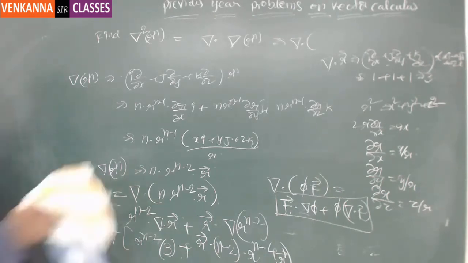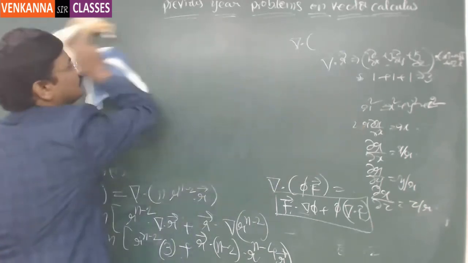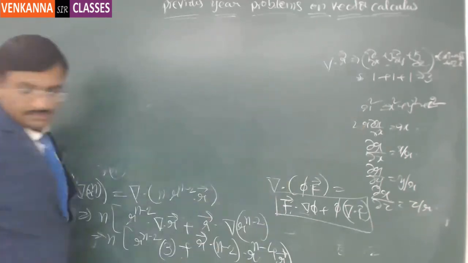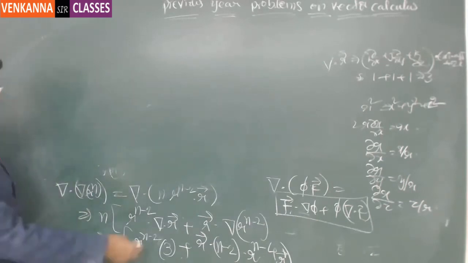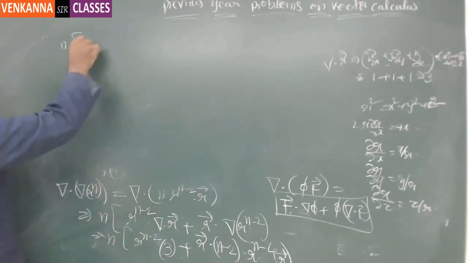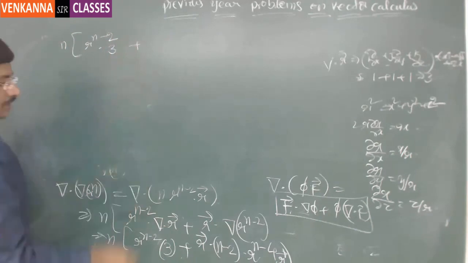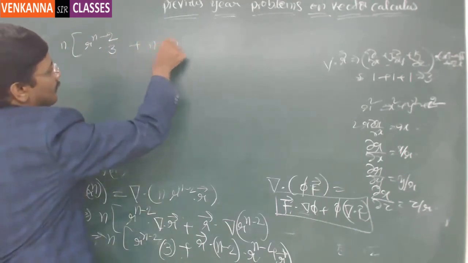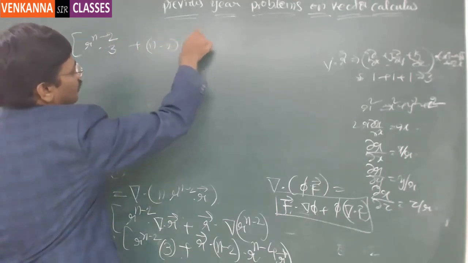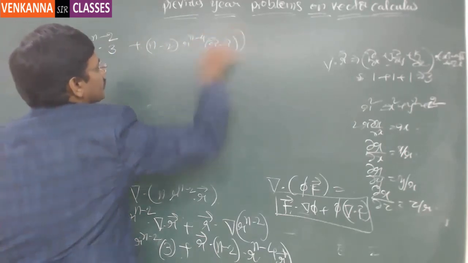Okay. So once you got to this point, this value is going to be n outside, then r power n minus 2 into 3 plus n minus 2 into r power n minus 4 into r bar dot r bar. So r bar dot r bar is r square.